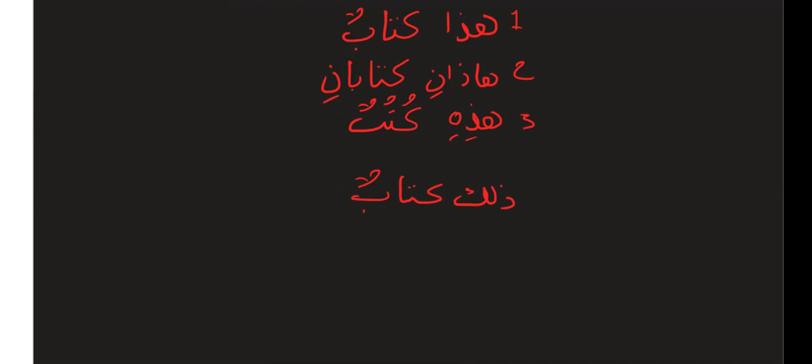That's singular, and we haven't done the dual yet, but I did mention it, so we'll just write it anyway. We would say ذلك كتابان. And then for plural, how would we say those are books?